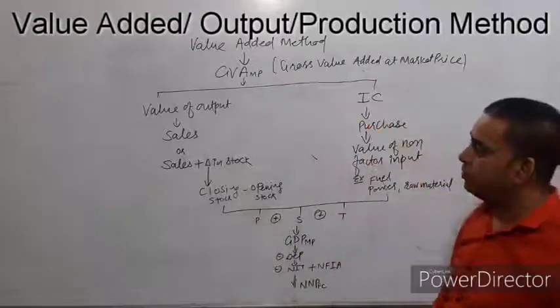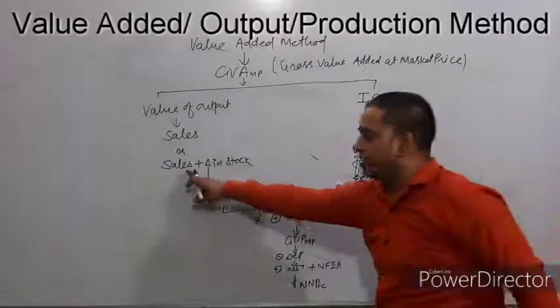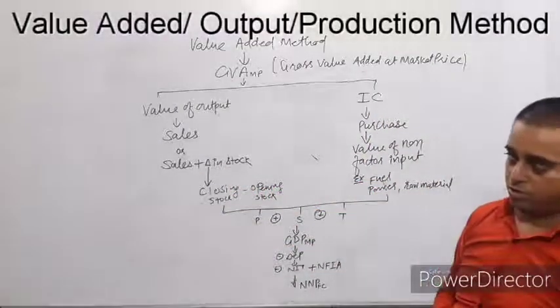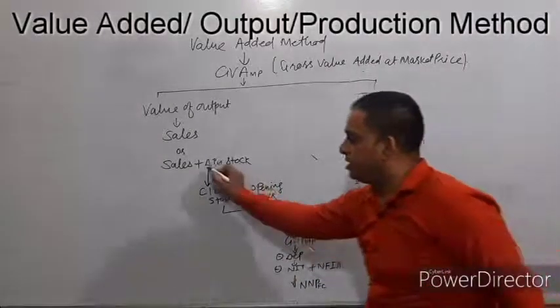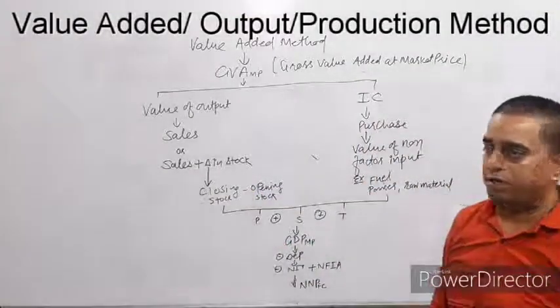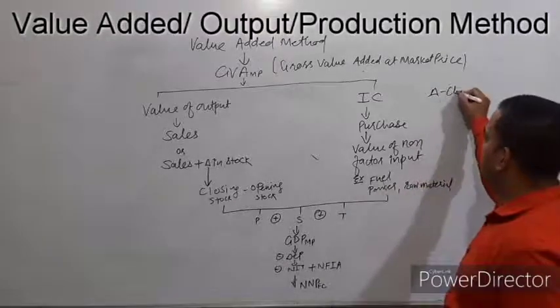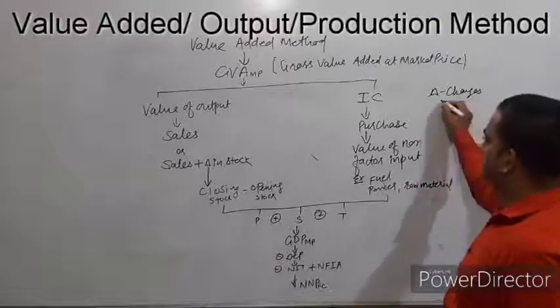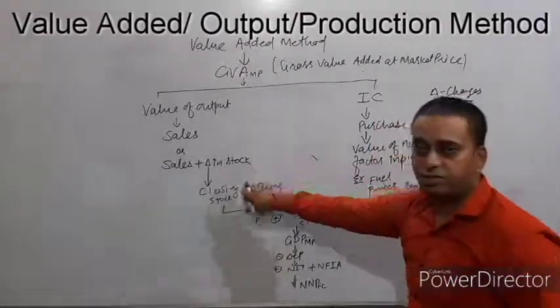In value of output we can include sales, or sales plus change in stock. Understand? Changes we can represent with the help of delta. This sign represents changes. So here I have written change in stock.